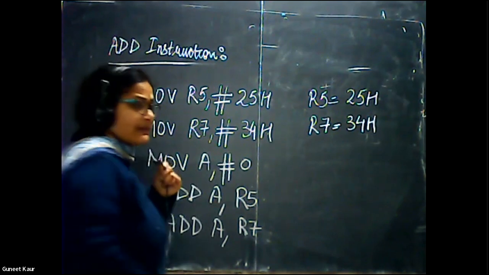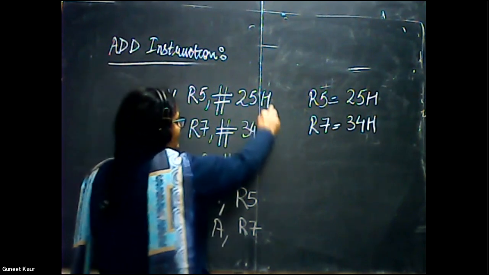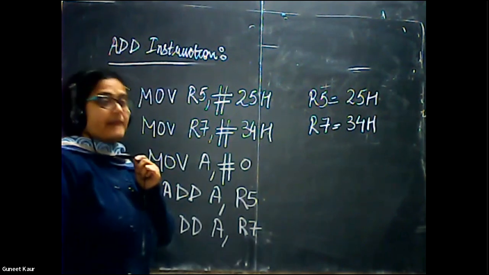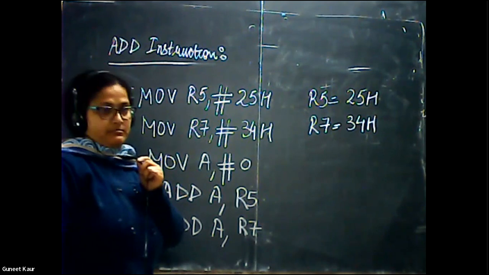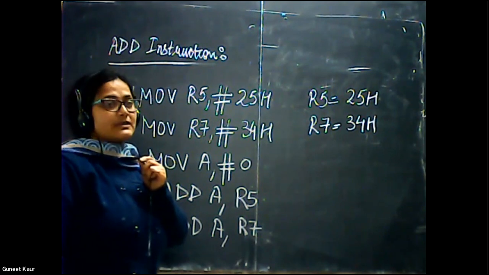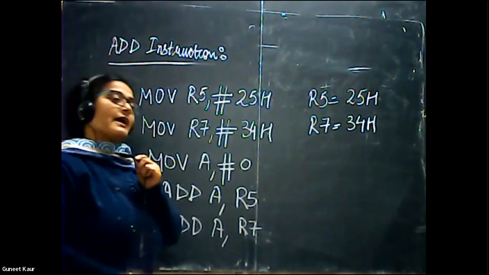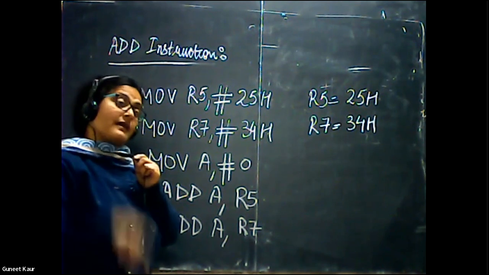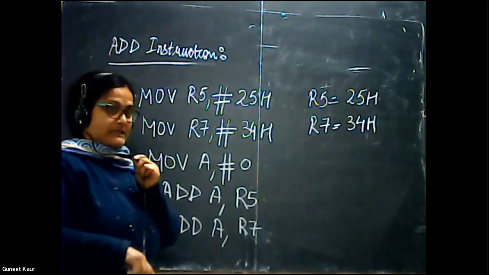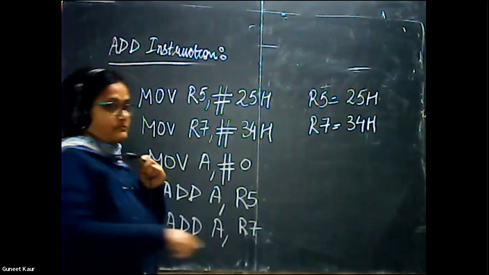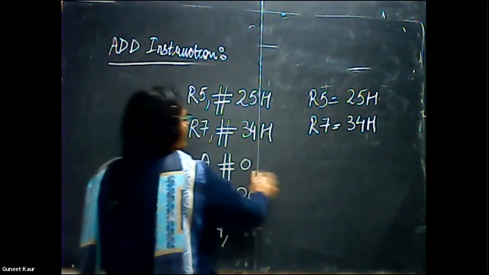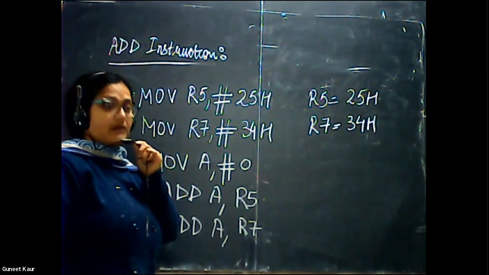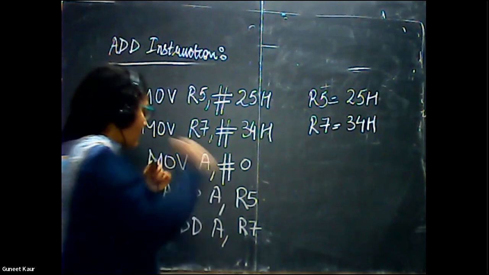As you have seen, here H is written, here H is written, but nothing is written over there. It means this is decimal data. And you know that 0 is written as 0 in decimal, and in hexa it is also written as 0H. So if nothing is written, then by default the data will be treated as decimal.